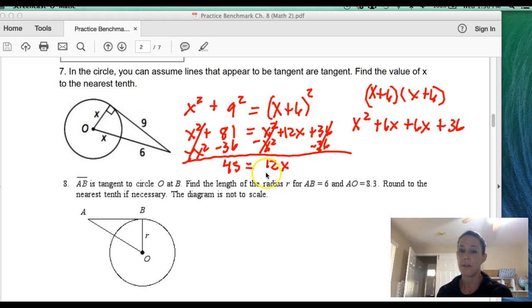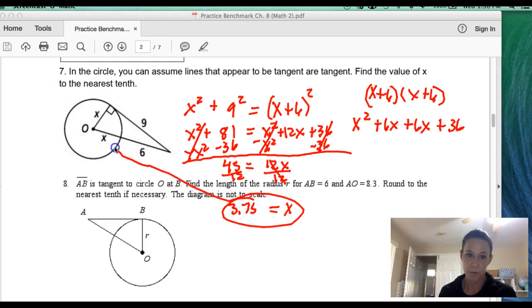And then to solve for x, I just divide by 12 on both sides. My solution is going to be 45 divided by 12. I'll leave this in decimal form, 3.75. And that is my solution for this problem, not number 8, of course.